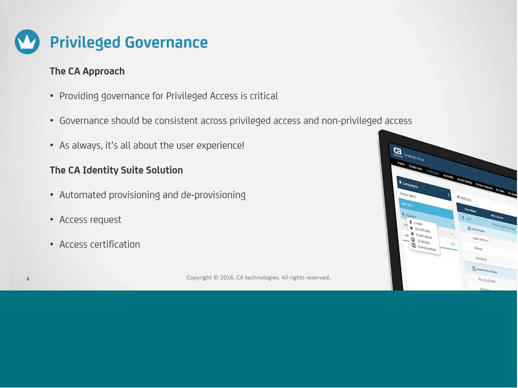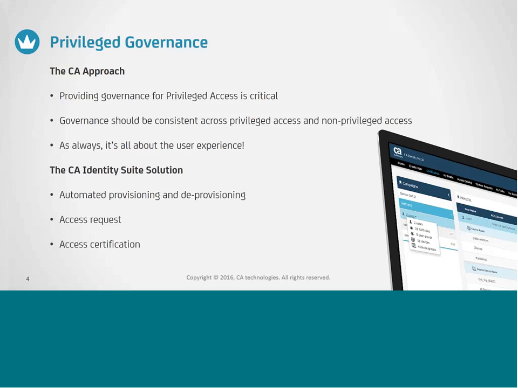In many organizations, you have deployment of privileged access management separate from the deployment of identity management or identity governance. So we want to bring these two worlds together. We want to break the silos between how you govern privileged access and how you govern regular access.